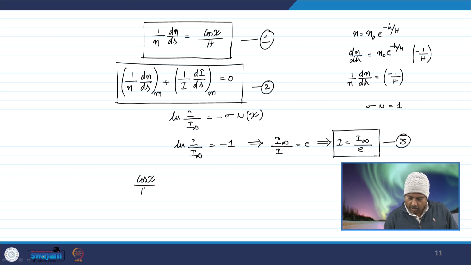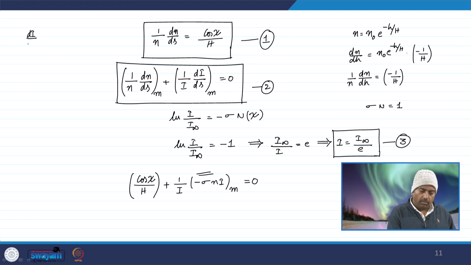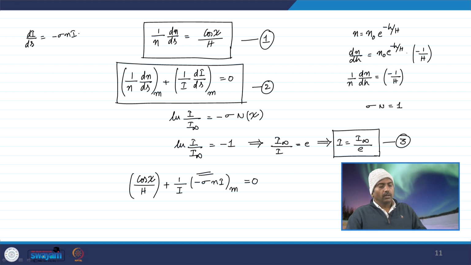cos chi divided by capital H plus 1 by I di by ds. di by ds is minus sigma n I at m is equal to 0, right. So, where did I get this? I got this from di by ds is equal to minus sigma n I. Remember, di by ds is proportional to n and proportional to intensity.